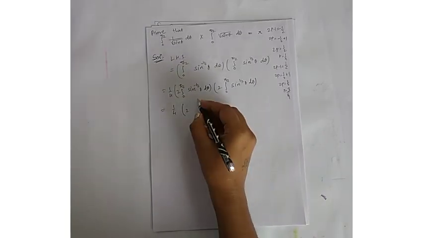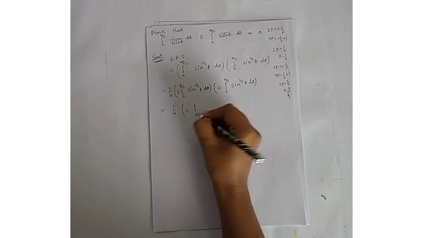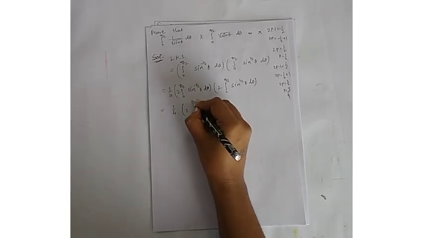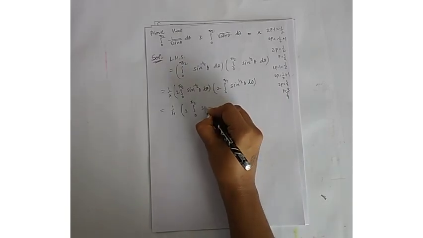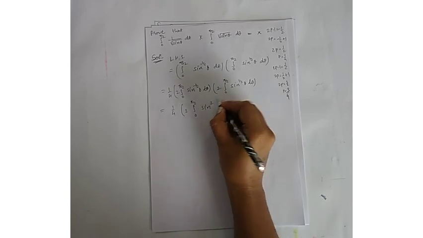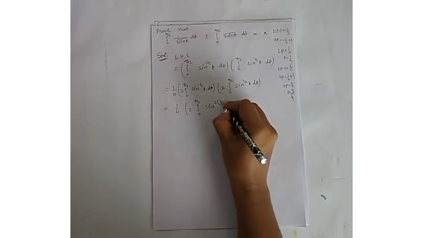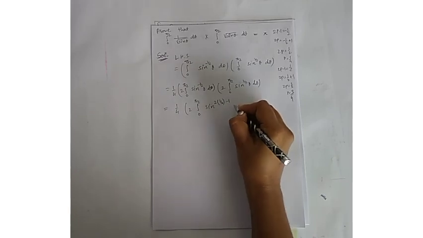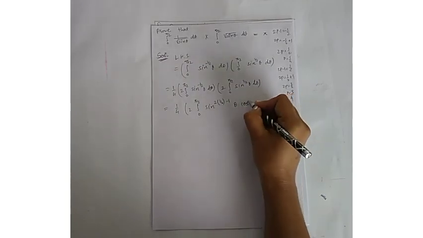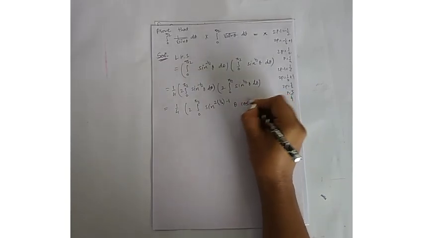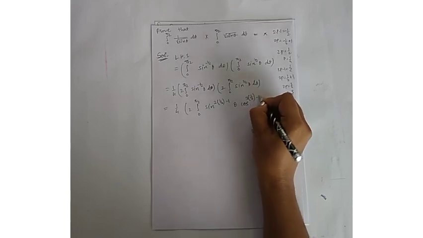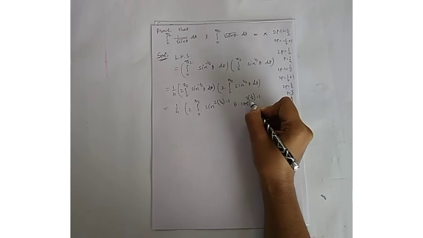So let's rearrange this integration. It is integration with limit 0 to pi by 2 sin to the power 2p minus 1, whose value is 1 by 4 minus 1, theta into cos 0. So in terms of 2q minus 1, I write it as 2 into 1 by 2 minus 1. So 2 gets cancelled, 1 minus 1 is 0.